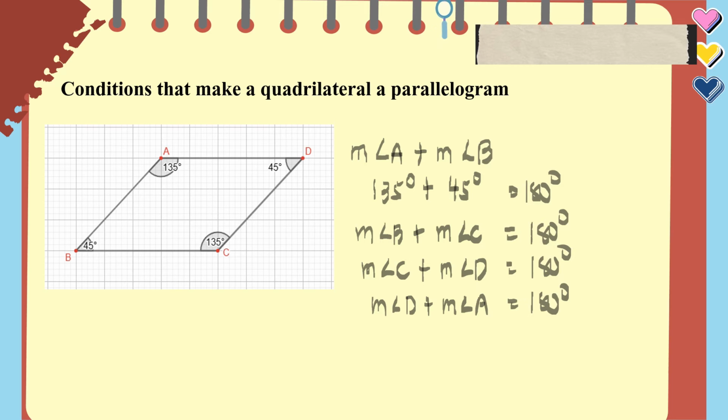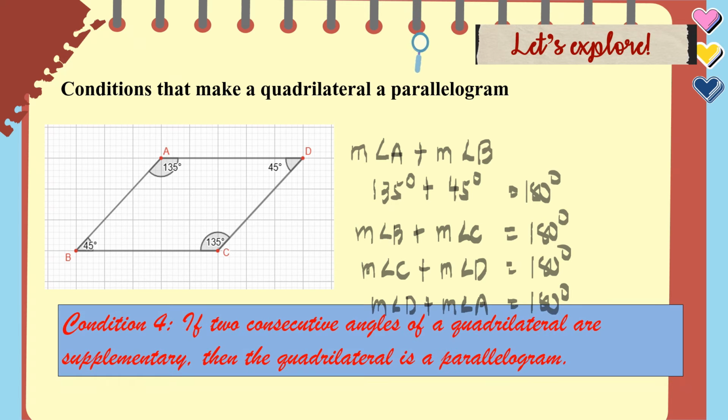Condition 4 states that if two consecutive angles of a quadrilateral are supplementary, then the quadrilateral is a parallelogram. So if we add the measures of two consecutive angles and their sum is 180 degrees, then the quadrilateral is a parallelogram.